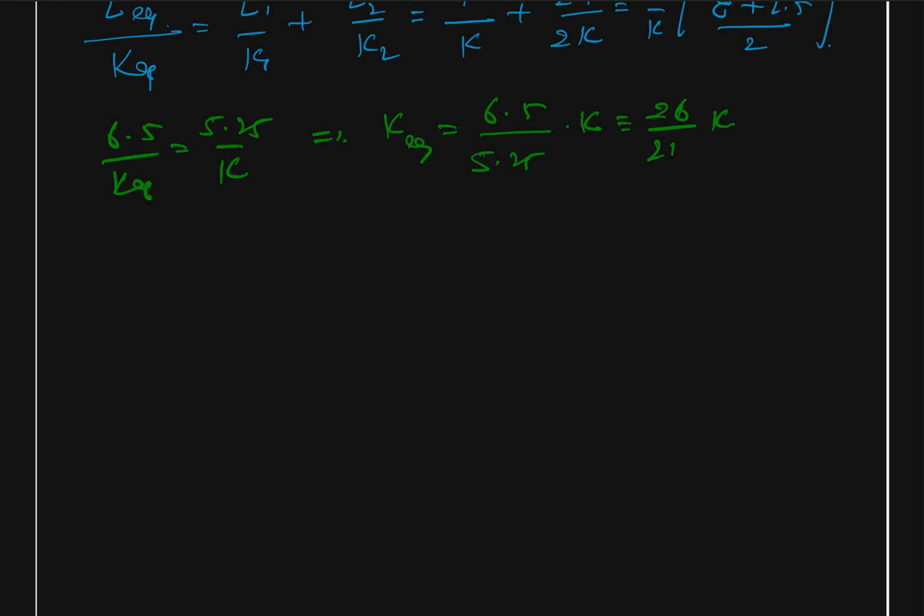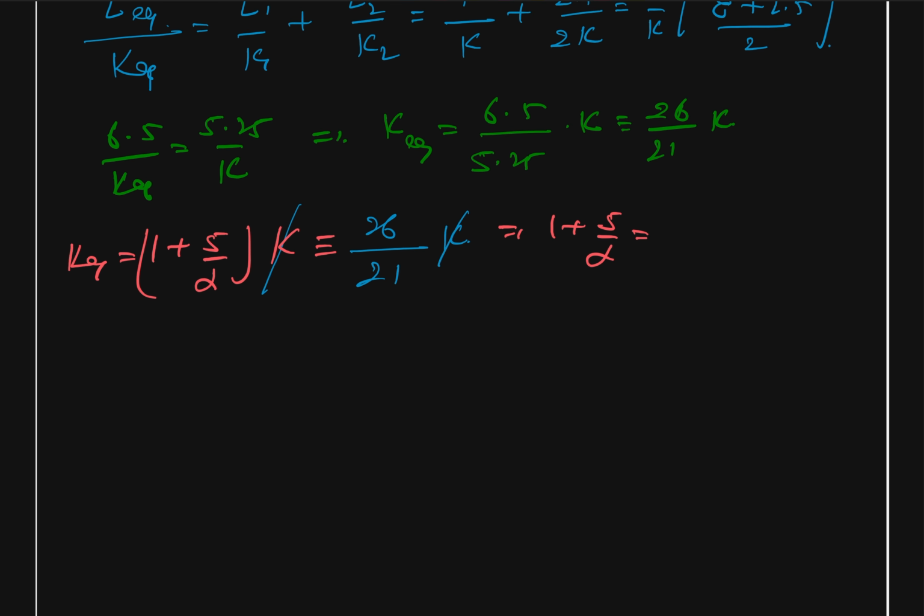But we are given that our K equivalent is equal to 1 plus 5 upon alpha times K. So we can just equate it to 26 upon 21 times K. Here K and K go away, and we get 1 plus 5 upon alpha is equal to 26 upon 21.